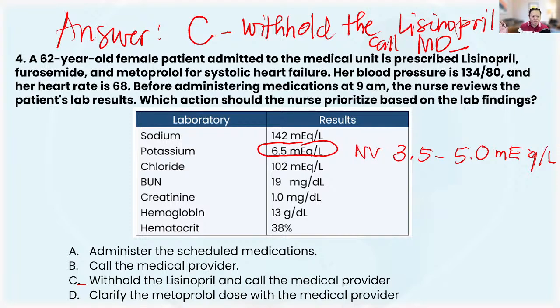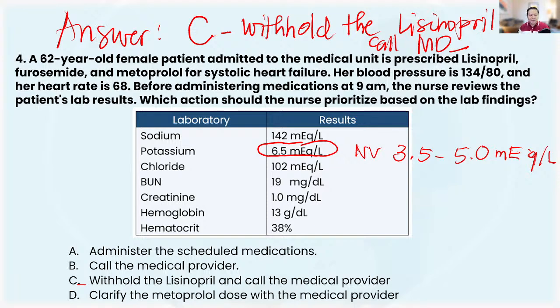Let them do that. But I don't care. When I'm taking the NCLEX, make sure that you use this range, 3.5 to 5. Because when you see a 5.1, that is already considered hyperkalemia in the NCLEX.